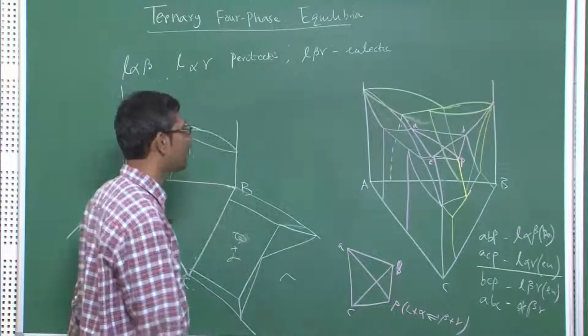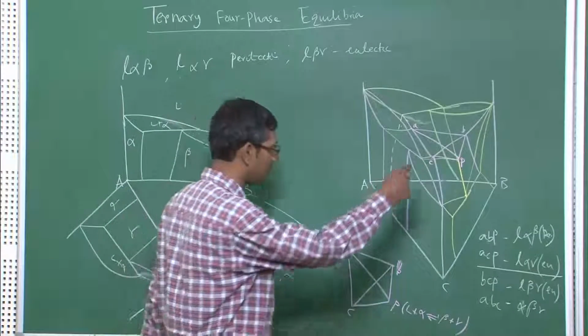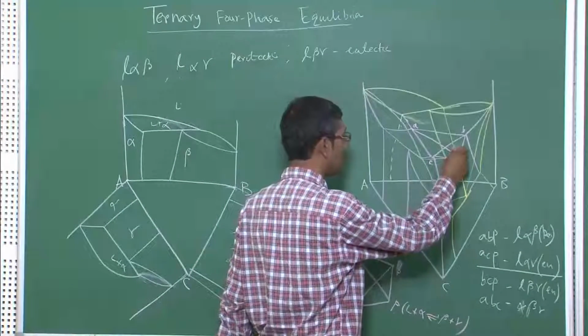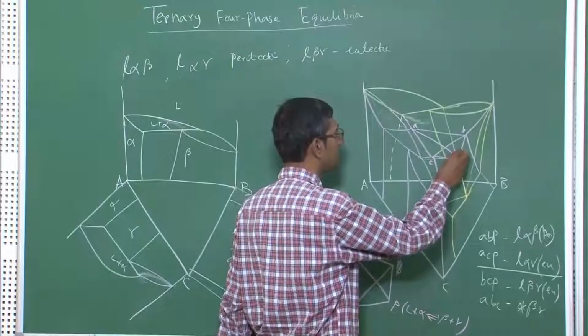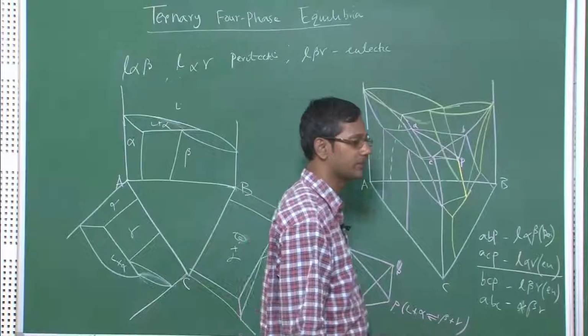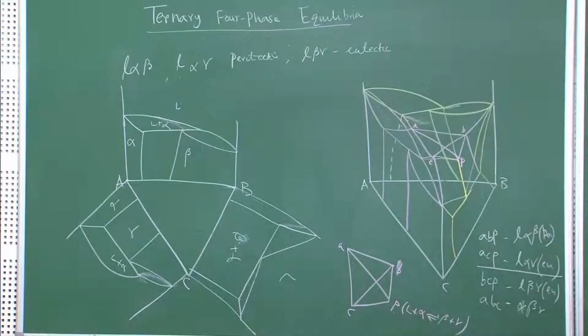Remember that, and depending on this 4-phase reaction, temperature and the composition, the solidification pathways will change. So, there are many such systems where this can happen. I am going to show you another case.